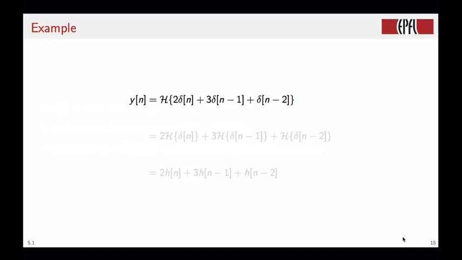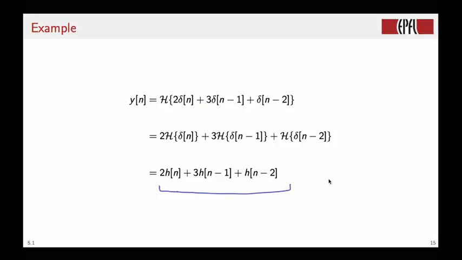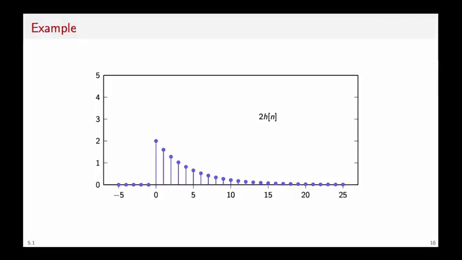Indeed, we apply the linear filter to the linear combination of deltas, and by exploiting linearity first, we can split the operation of the filter over the 3 components of the signal, and by exploiting time invariance, we just sum together appropriately scaled versions of the delayed impulse response. We can look at this graphically, and we see that when we filter the first component, 2 times delta of n, we get 2 times h of n.